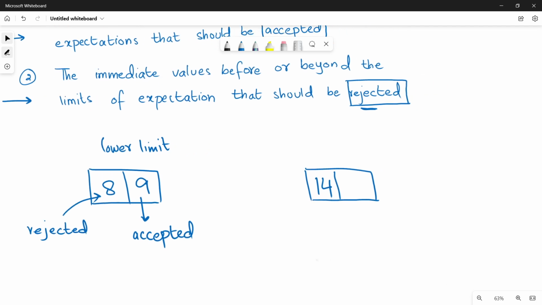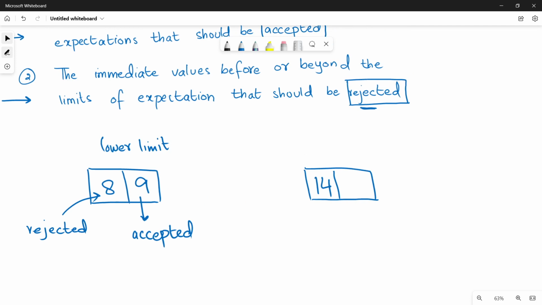Now in the second one, the immediate values of 14 are 13, that is before 14, and 15, that is after 14. Both are integer values. Now we have to see which of these values will be rejected by the system. Since the value 14 is your upper limit, it will be accepted by the system.